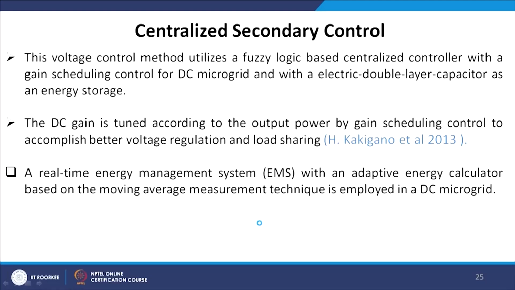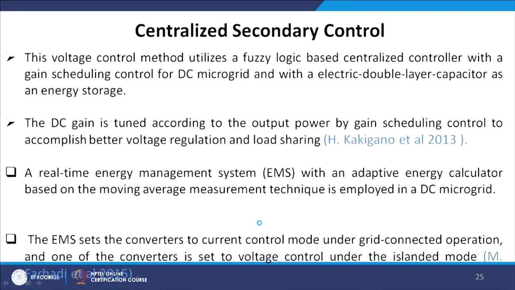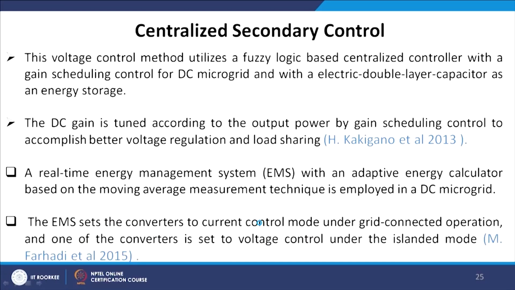A real time energy management system, EMS, with an adaptive energy calculator based on the moving average measurement technique is employed in a DC microgrid. The EMS sets the converter to current control mode under grid connected operation, and one of the converters is set to voltage control under the islanded mode.